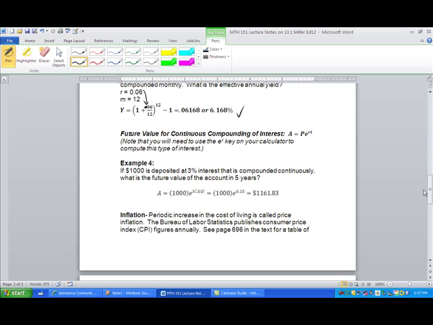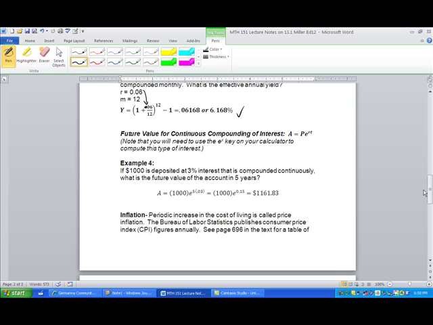Just know to use that key if you get a problem like this. I'm thinking most probably the textbook does not put those problems. It doesn't look like they have any examples. I kind of skimmed through the homework problems in the book and I didn't see any of these. But just in case, I have worked an example here.